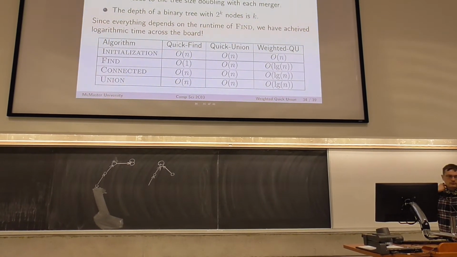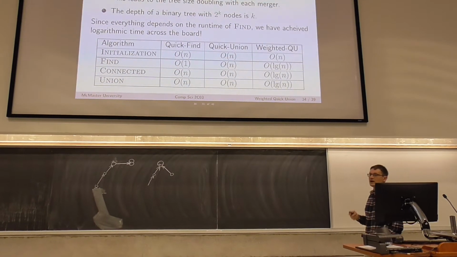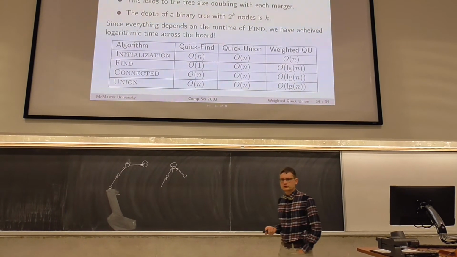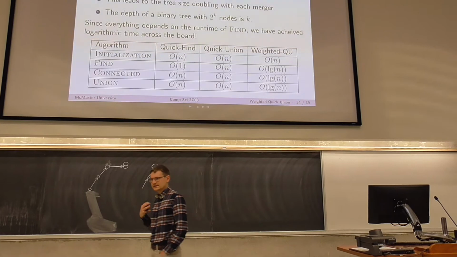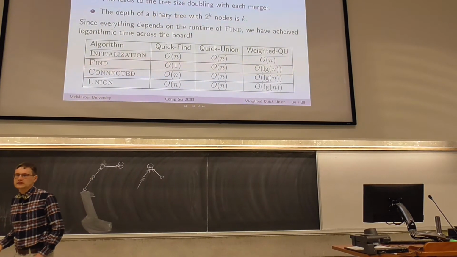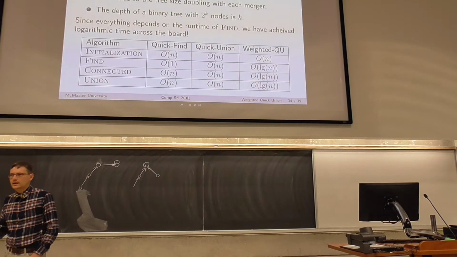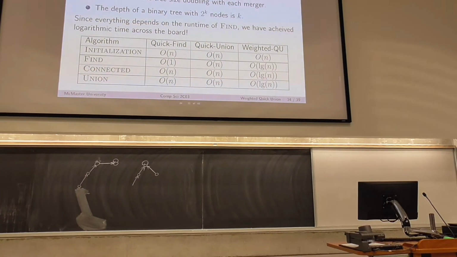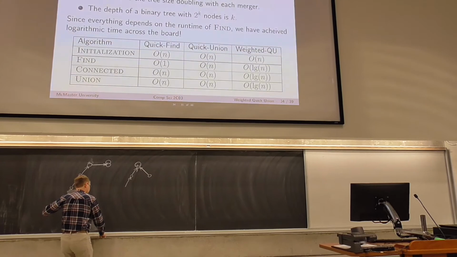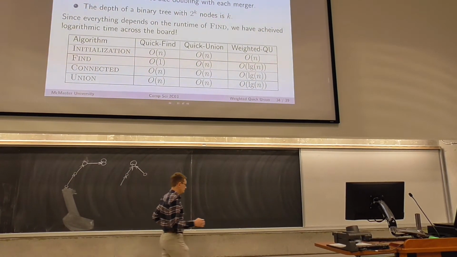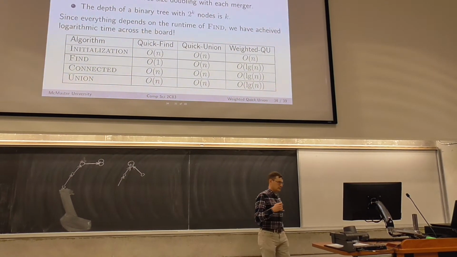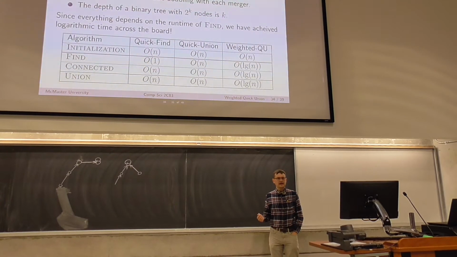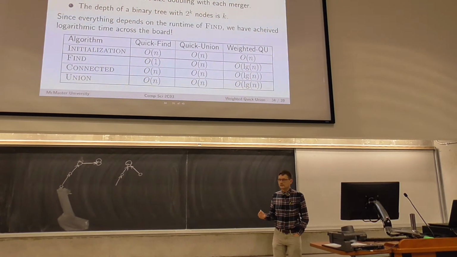The question that we ask ourselves then is, what is the worst case scenario tree in this new way of forming trees? Well, it's a little bit abstruse, but basically, your worst case scenario is a binary tree, right?